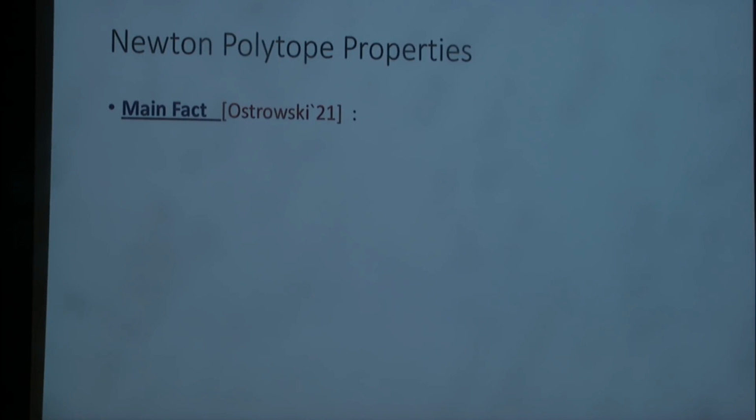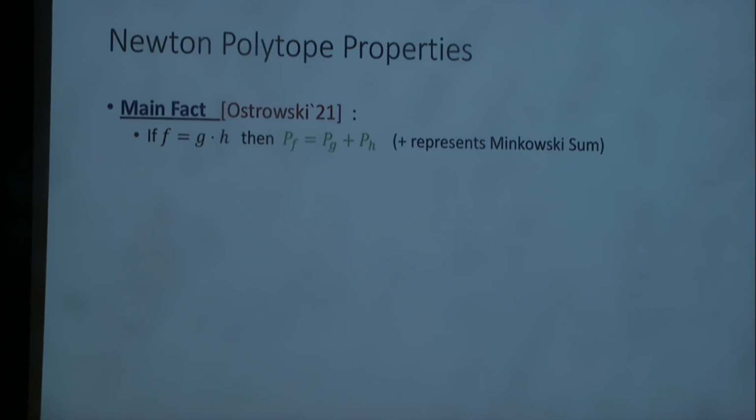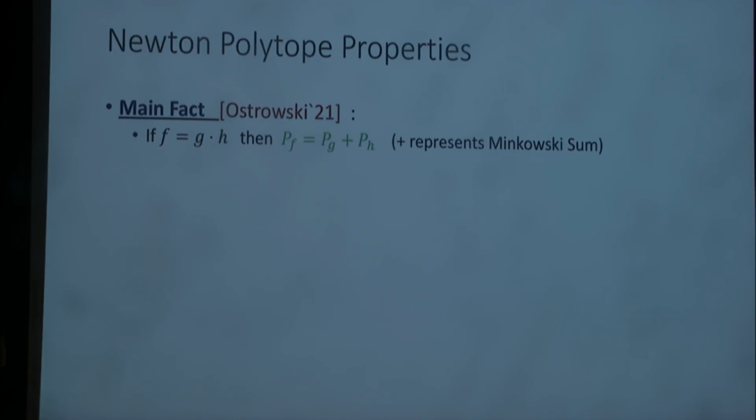The most important and interesting fact about Newton polytopes we will use is the following: if F is G times H, then the Newton polytope of F is the Minkowski sum of the Newton polytope of G and the Newton polytope of H. It's a beautiful fact, not very difficult to prove.